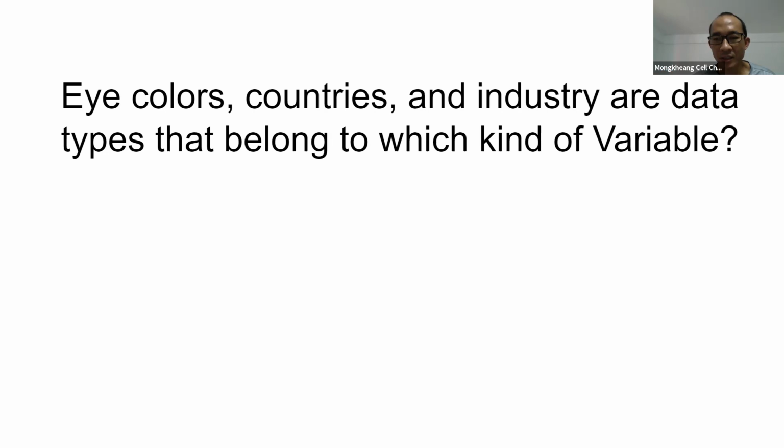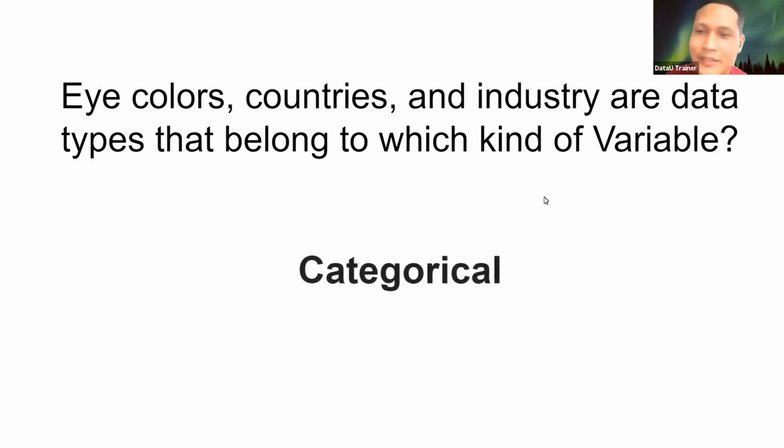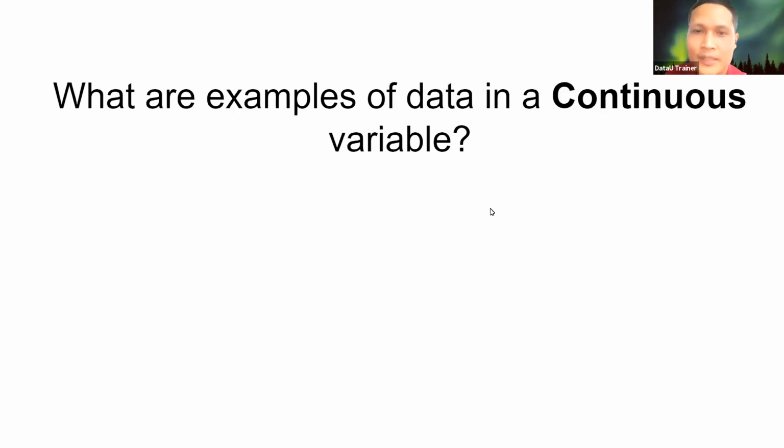It's text. Yes, it very much is text. Country is also text, and it's more of a feature or attribute. So because of that, we call it categorical. I'll give you some more questions later just to solidify these concepts in your brain.